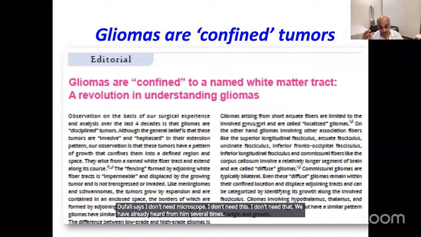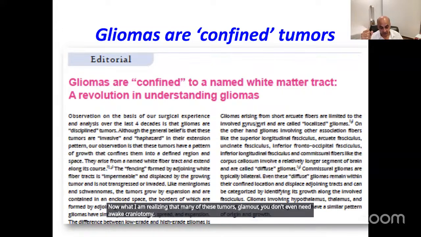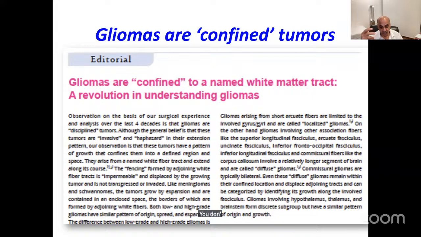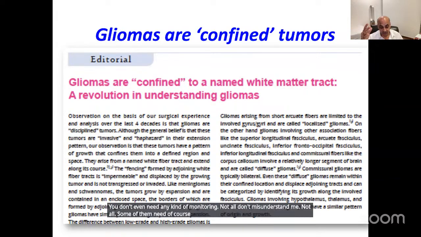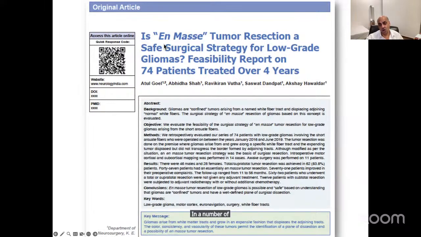Now I am realizing that for many of these gliomas you don't even need an awake craniotomy or any kind of monitoring. Not all, don't misunderstand me. Some of them need it, and some need it very badly, but many don't, and you can have a very quick resection and do en masse tumor resection in a number of clinical situations, not all.